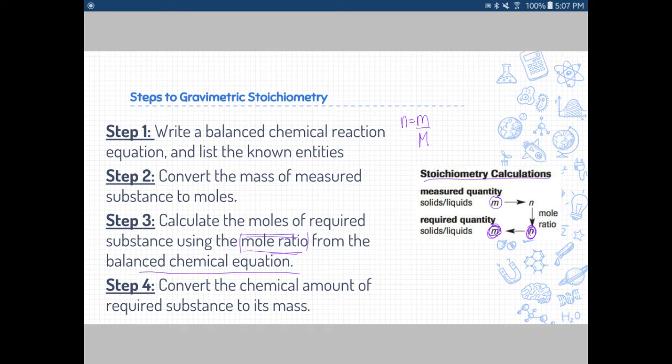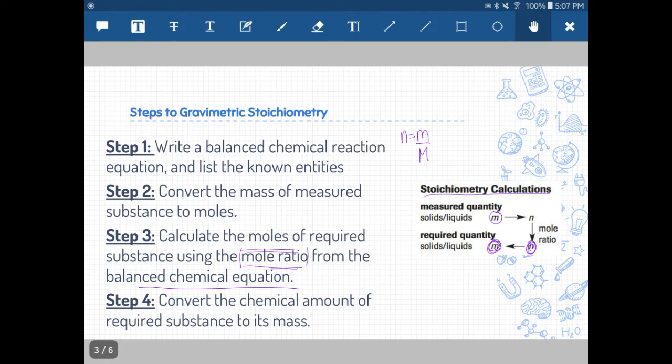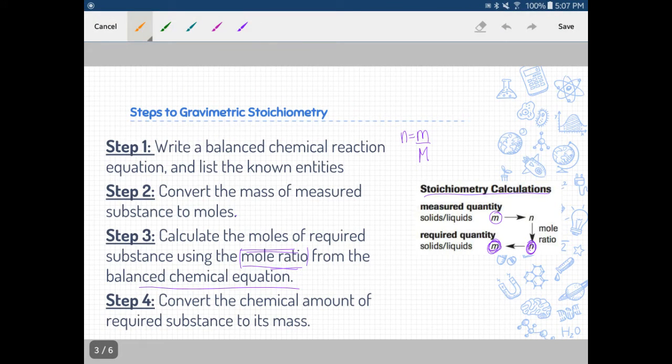Again, with our mole ratio, one thing I mentioned in our lesson on the law of combining volumes in our gases unit is that sometimes we call this the required over given ratio.